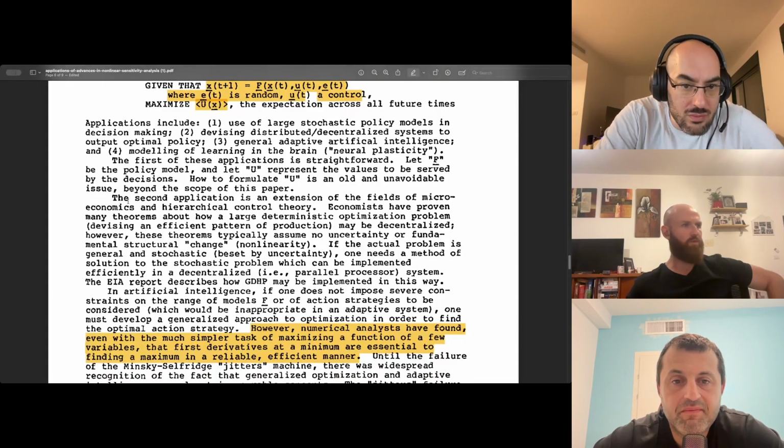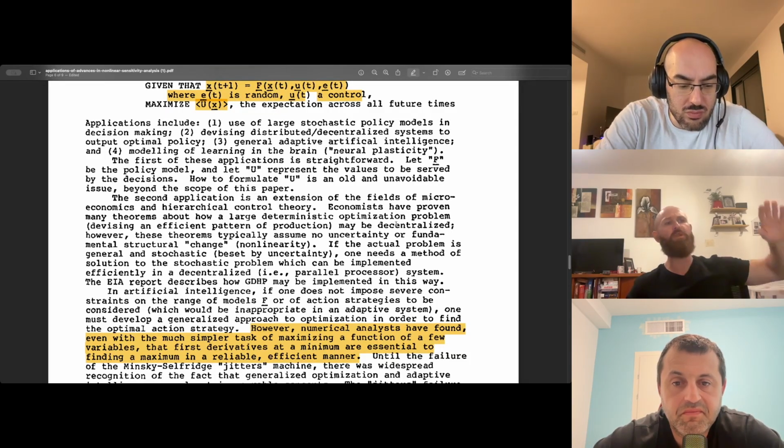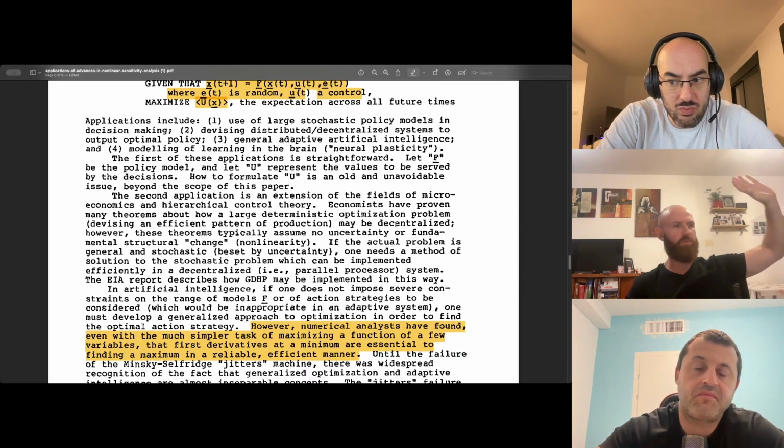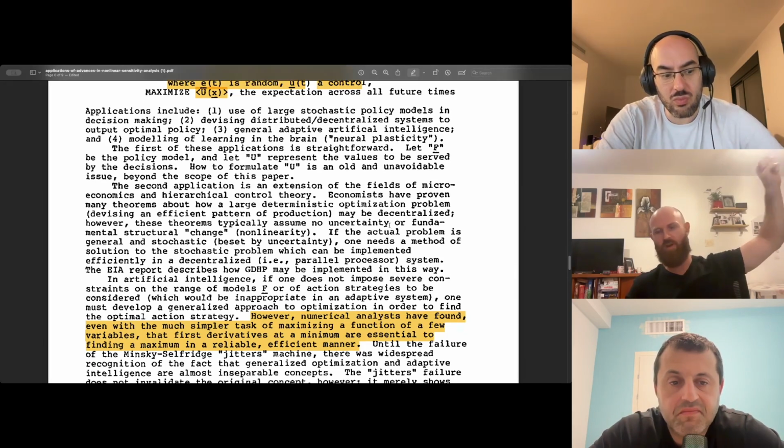And here's the important part. He says that economists have proven many theorems about how a large deterministic optimization problem may be decentralized. So as far as I can understand, if you're doing deterministic optimization, you have one value you optimize.